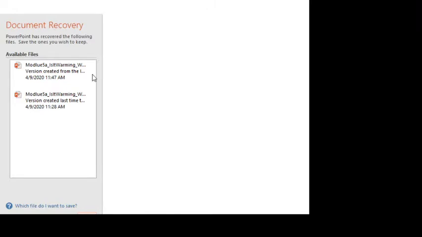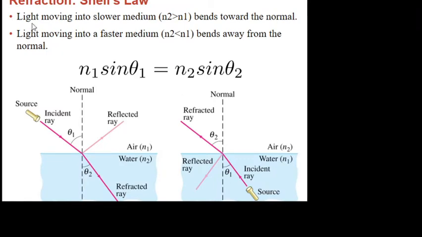It says that light moving into a slower medium will bend toward the normal, and light moving into a faster medium will bend away from the normal.